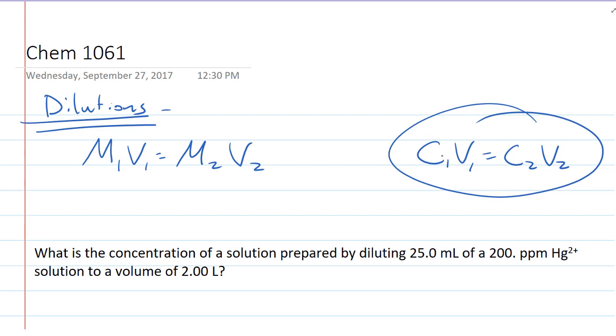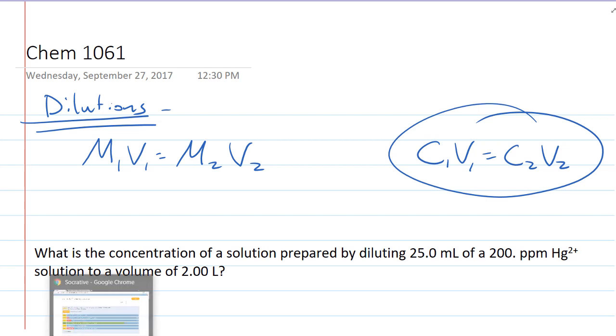And the concentration can be almost any units. It has to be a volume-based concentration, one that's based on the concentration of the solution. But as long as the units on C1 and C2 are the same, we can use this instead. And likewise, any of the units will work for volume as long as the volume units on the two sides are the same.